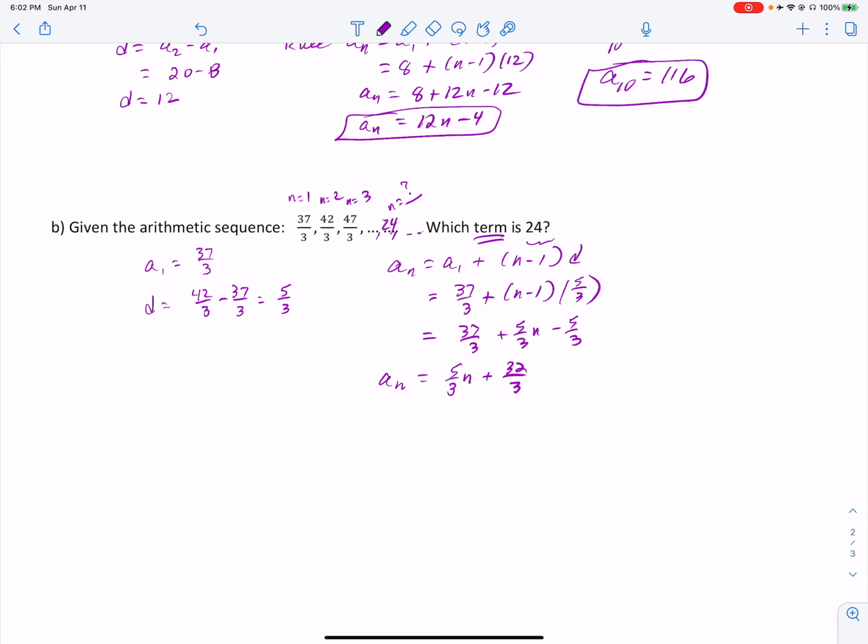But now I want to know what value of n produces a term of 24. So the term is 24, and I'm going to plug that in for a sub n and solve this for n to get the term number. So 24 equals 5 thirds n plus 32 thirds. Minus 32 thirds is 40 thirds.